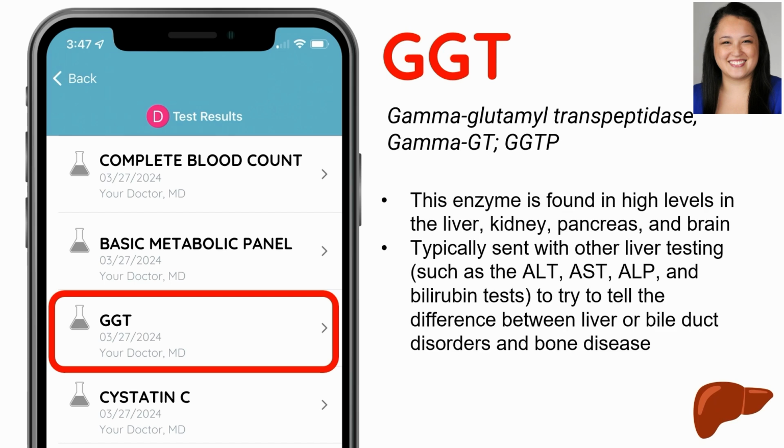This enzyme is found in high levels in the liver, kidney, pancreas, and brain, and typically if it's going to be sent, it's sent with other liver testing, such as the ones I just showed you: ALT, AST, ALK-Phos, and bilirubin. This is often sent with those tests because it can help with detecting the difference between liver or bile duct disorders and bone disease based on the pattern if it is abnormal.